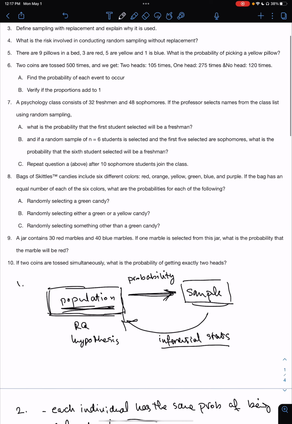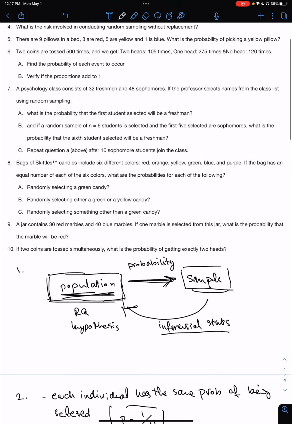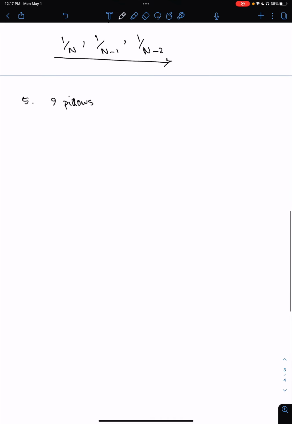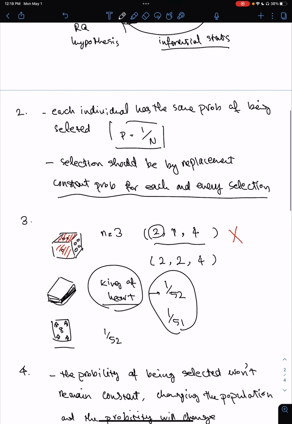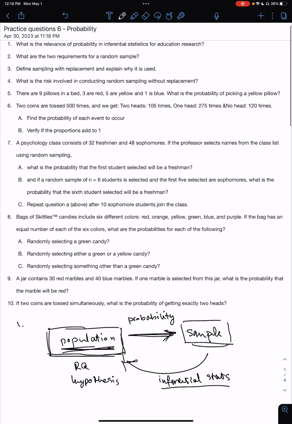3 red, 5 yellow, and 1 is blue. So 3, 5, 5 is yellow, 1 is blue, right? And we want the probability of picking a yellow pillow.